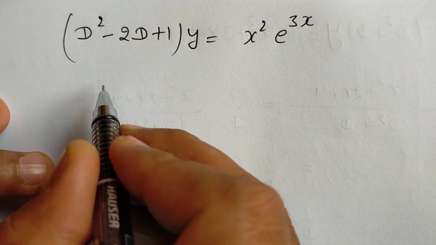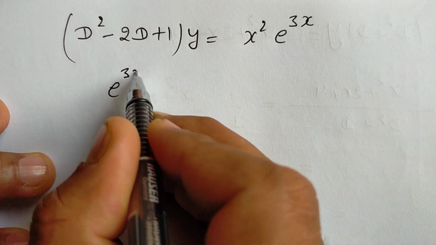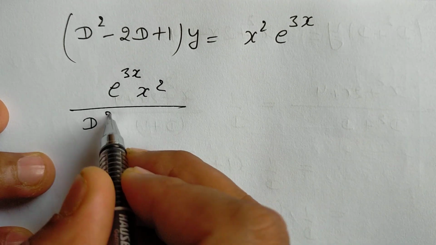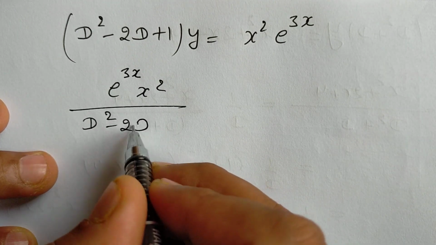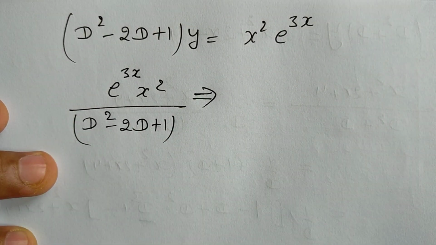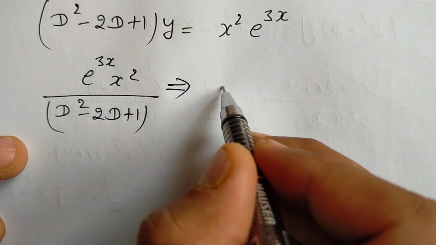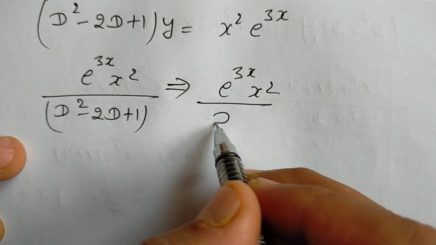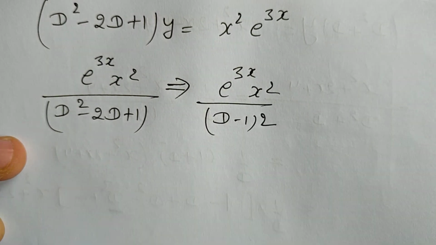The particular integral will be e power 3x times x square by D square minus 2D plus 1. So we can have e power 3x times x square by D minus 1 whole square.